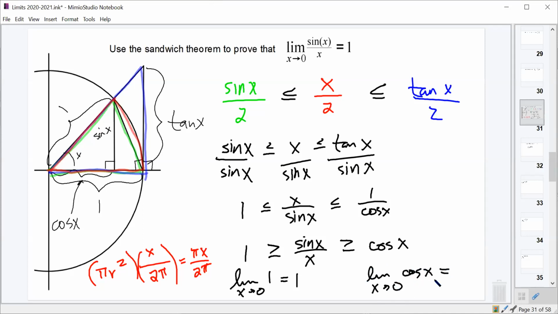And what's the cosine of 0? Should just be 1. And so if the one that's always greater than it is 1, and the one that's always less than it has a limit of 1, then the one that's sandwiched between them must also have a limit of 1. And so we've now used the sandwich theorem to prove that that's true.